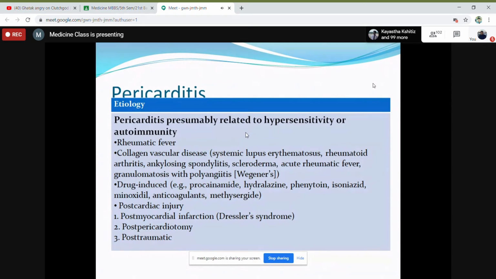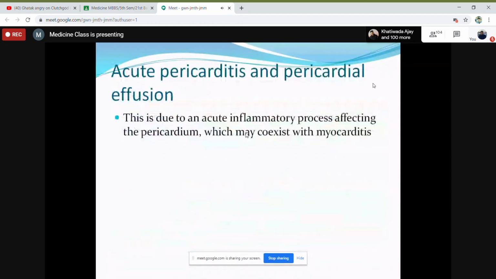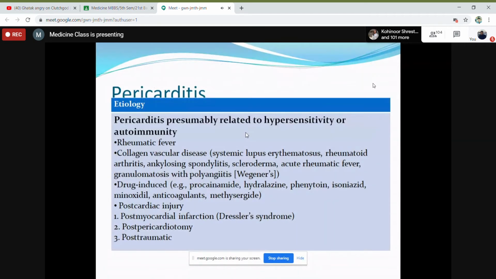It may also be because of some drugs like procainamide, hydralazine, phenytoin, isoniazid, minoxidil, anticoagulants, and it may also be post-cardiac injury. After cardiac injury, like post-myocardial infarction, this is also called Dressler's syndrome, post-pericardiotomy, and post-traumatic. So this was the etiology for pericarditis.